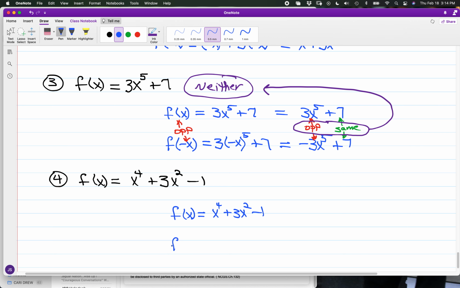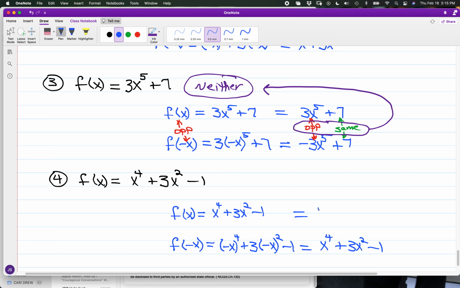Applying this to the input at negative x, running it through, you have the fourth power of negative x, plus 3 times the square of negative x, and minus 1. Again, an even power of a negative comes out to a positive. So you have positive x to the fourth, and negative x squared is positive x squared, multiplied by 3, so plus 3x squared, and minus 1.